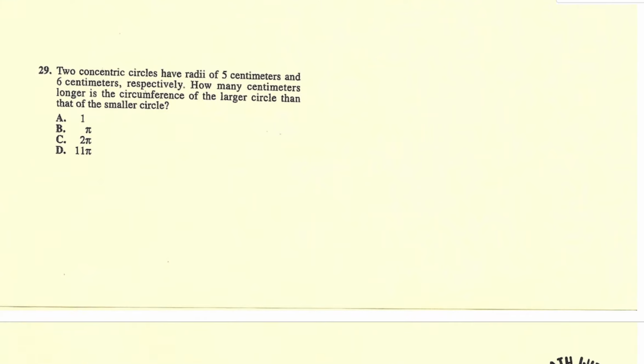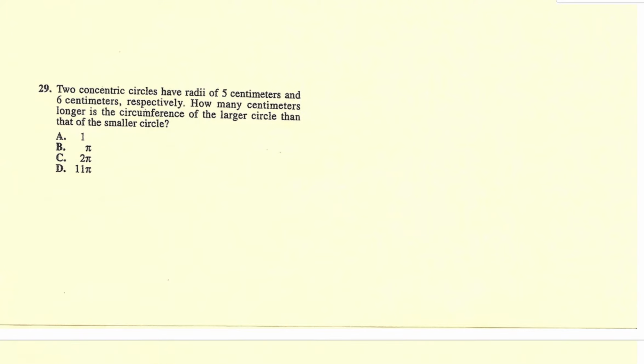Number 29. 2 concentric circles have radii of 5 centimeters and 6 centimeters respectively. How many centimeters longer is the circumference of the larger circle than that of the smaller circle? So we're talking about circumference, so our formula is 2 pi r. We have a larger circle and a smaller circle.